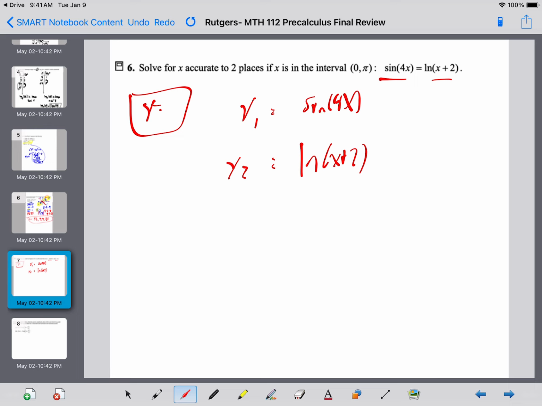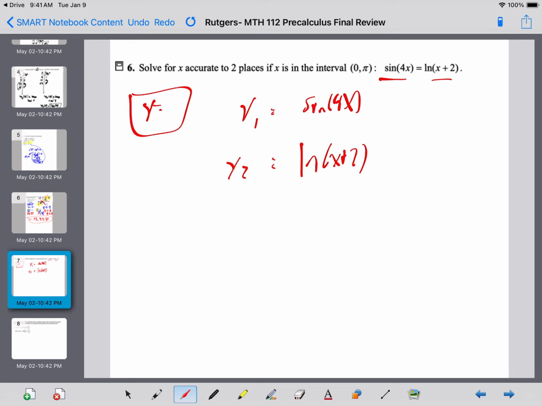We're going to graph these. Let me just make sure I am in radian mode. I'm in radian mode, good. And then I'm going to make sure I'm in zoom standard. All right.